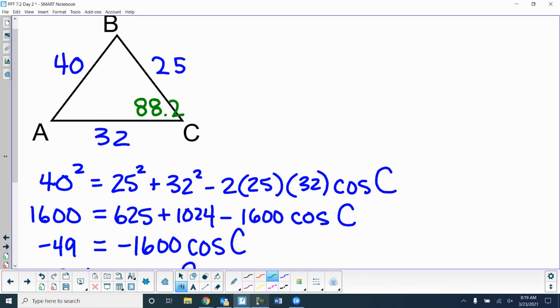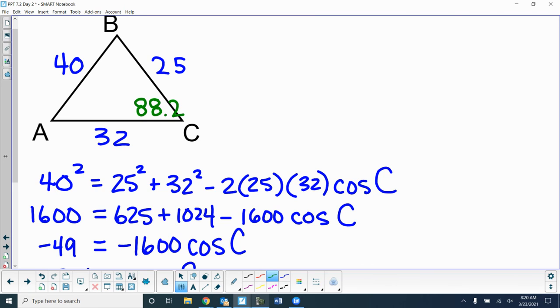So, Jacob Edwards, which one do I find now using law of sines? Is that the smaller of the two? It'd be A, right? Side A is 25, so angle A is the smaller of the two remaining. So that's the one I want to find.